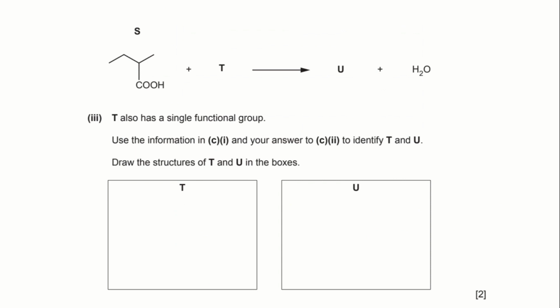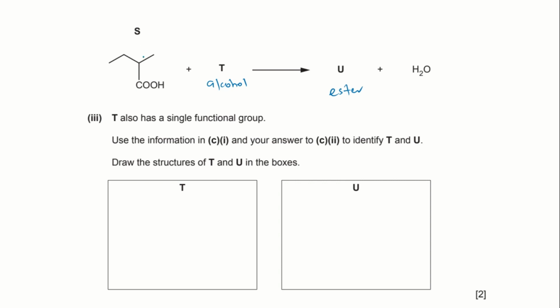Last question of the paper. S is forming U, an ester, and U is an ester with 7 carbon. So T is an alcohol. Because carboxylic acid will react with alcohol to form ester.